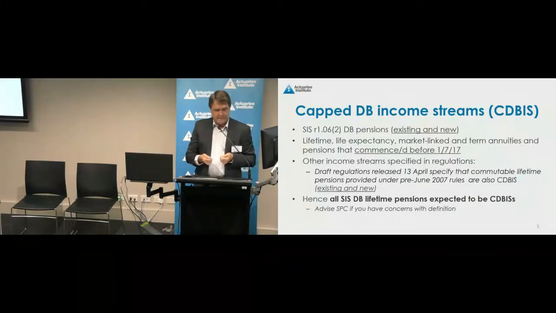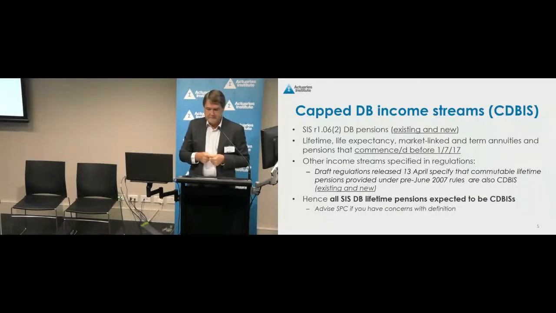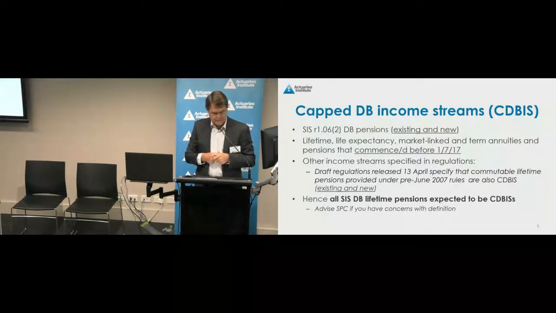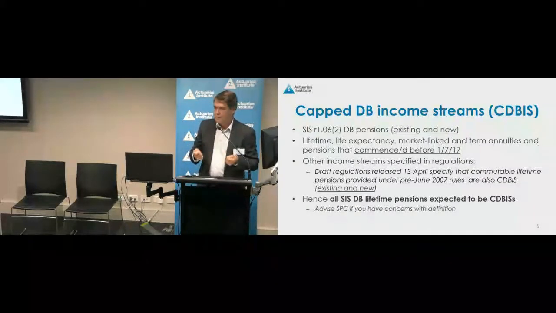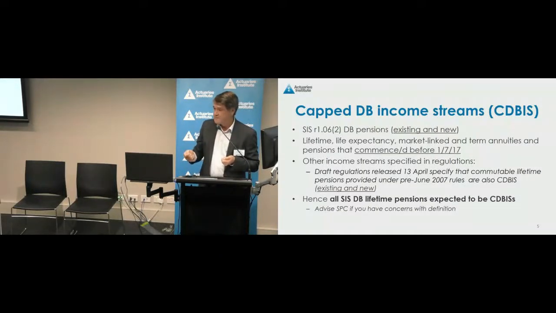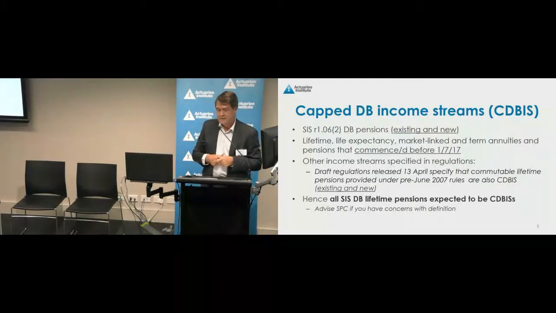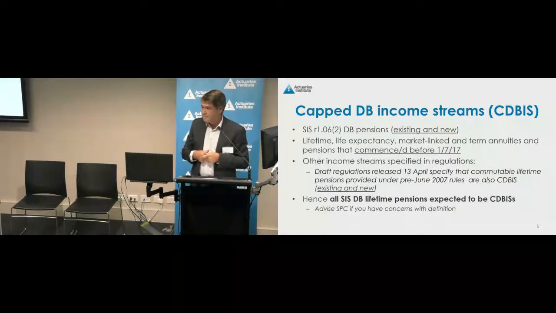Basically it took the wording of that and put it in a regulation, and that basically says that a capped DB income stream is a pension like the 106.2 version I mentioned before, and indeed the only reason that it doesn't satisfy the definition of 106.2 is because it allows commutations or variations due to the number of dependents. So it basically covered our typical DB lifetime pensions that we're probably most familiar with.